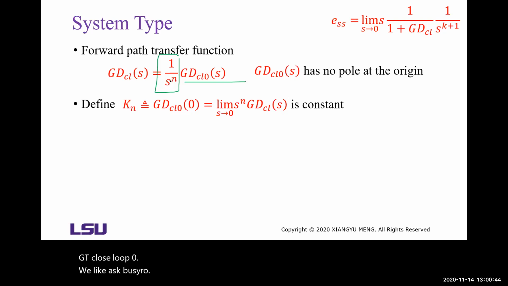It is equal to, if we multiply s^n on both sides, s^n times the forward path transfer function, then let s be 0. It is a constant, since G D closed-loop 0 has no pole at the origin.